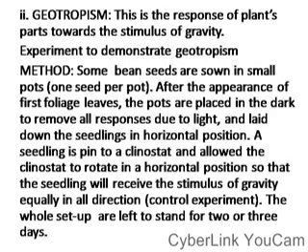and these seedlings are laid down in a horizontal position. A seedling is pinned to a clinostat, and the clinostat is allowed to rotate in a horizontal position so that the seedling will receive the stimulus of gravity equally in all directions.